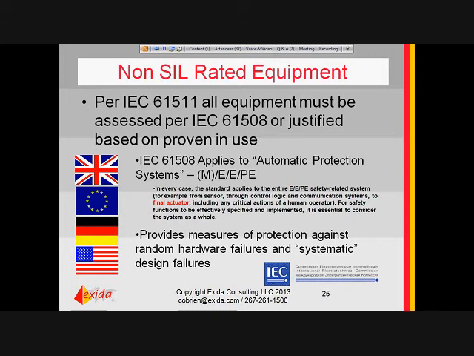Another common area that's missed is using non-SIL rated equipment for safety critical applications. IEC 61511 says that all equipment must be assessed per IEC 61508 or justified based on proven in use.